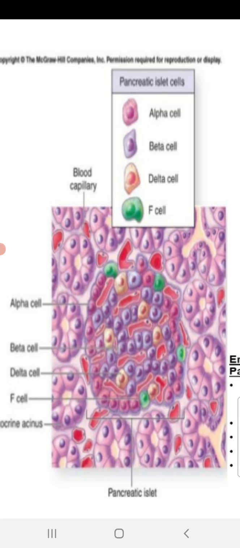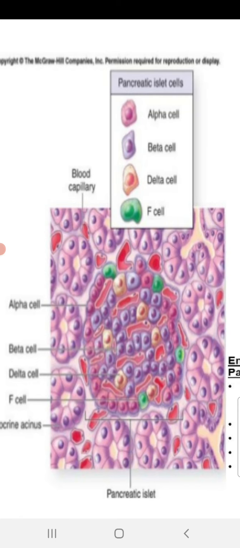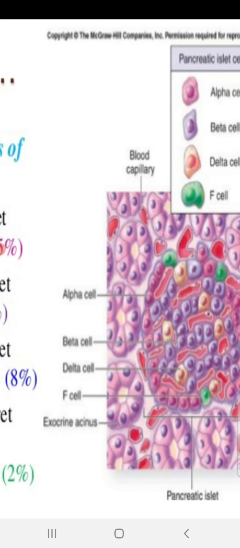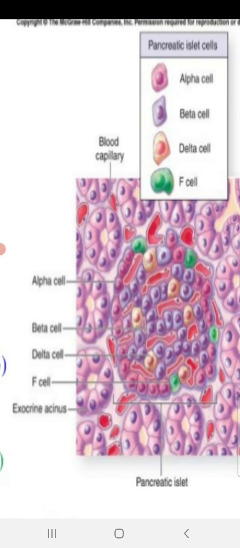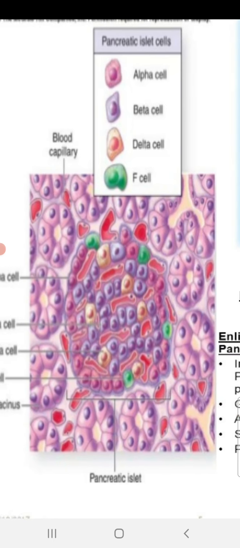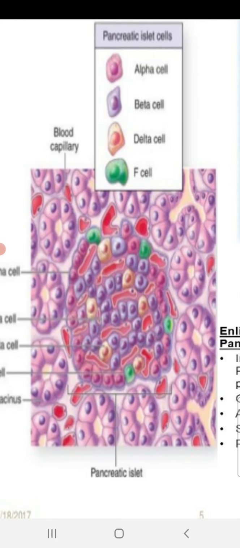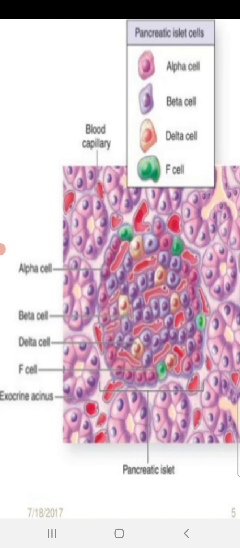But the insulin is most familiar because the sugar level maintained in the blood of a person is due to the release of insulin, and it is synthesized in the beta cells of islets of Langerhans. So if you see the transverse section of the pancreas, this can be seen.